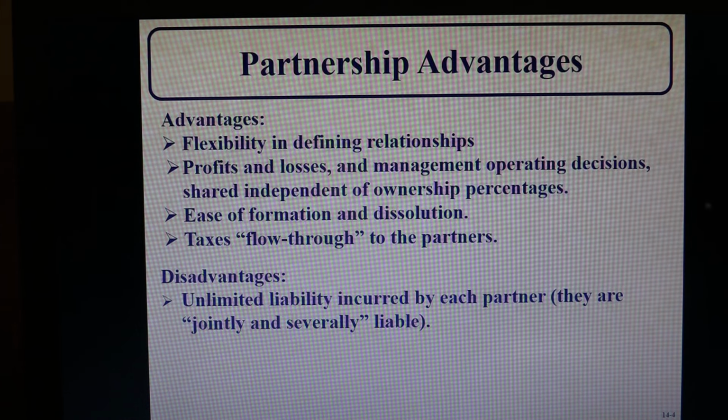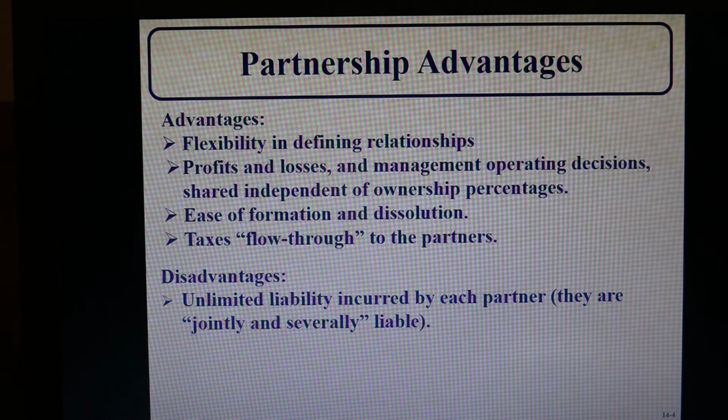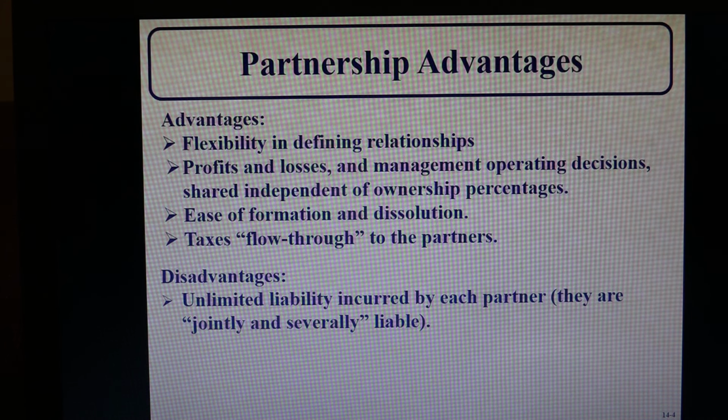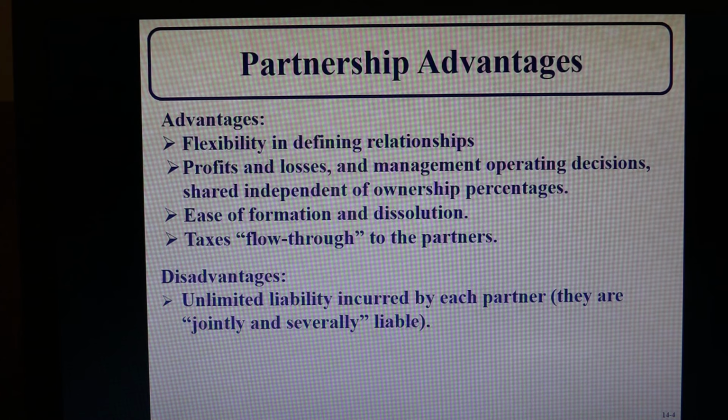Disadvantages. The main disadvantage of a partnership is the fact that each partner has unlimited liability, and so they are what they call jointly and severally liable, meaning any one of them could be liable, or all of them could be liable for the debts of the partnership.